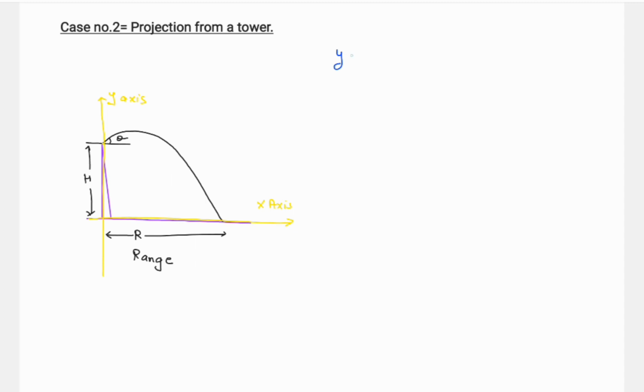The trajectory equation is given as y equals x tan theta multiplied by 1 minus x upon R. Okay, what is the R over here? R is the range, which is equal to u square sine 2 theta divided by g.